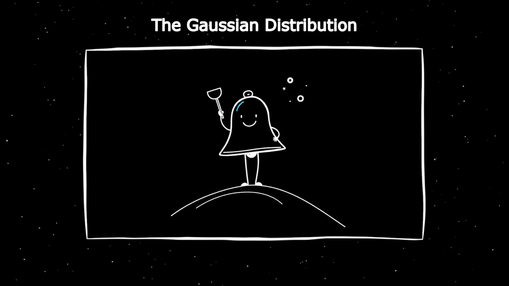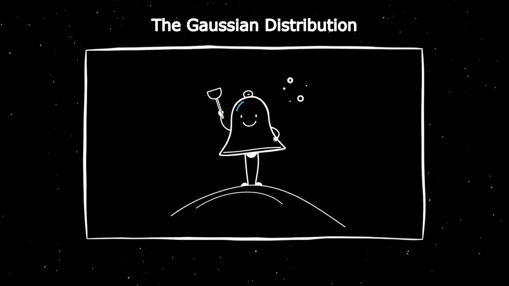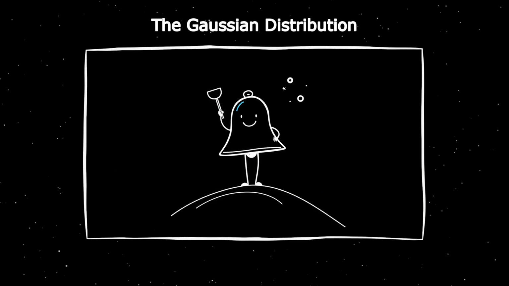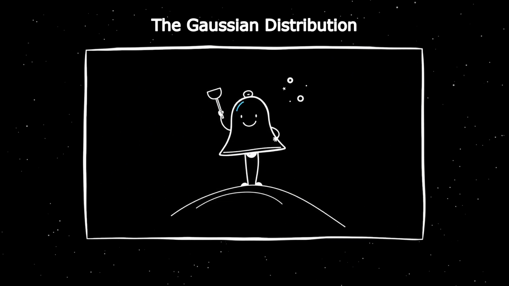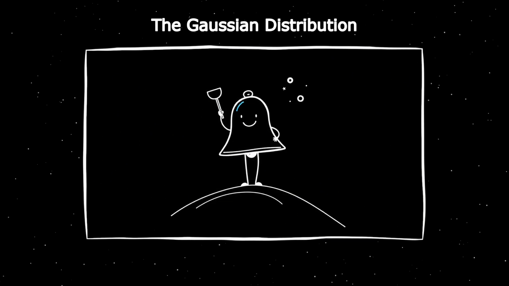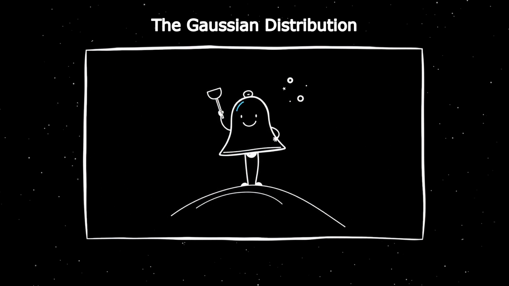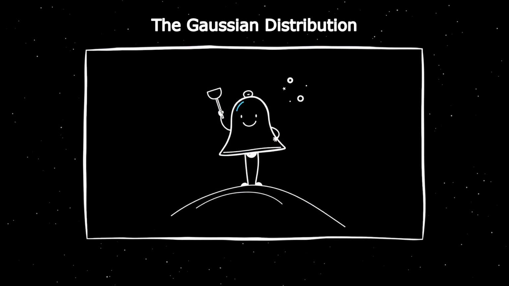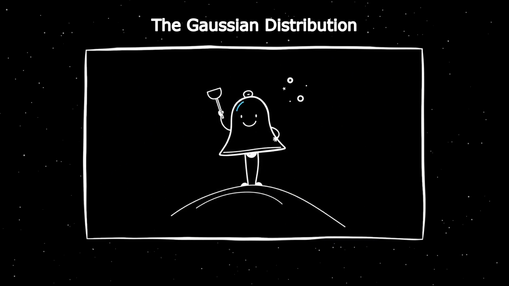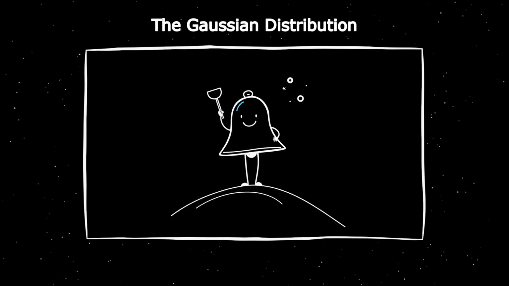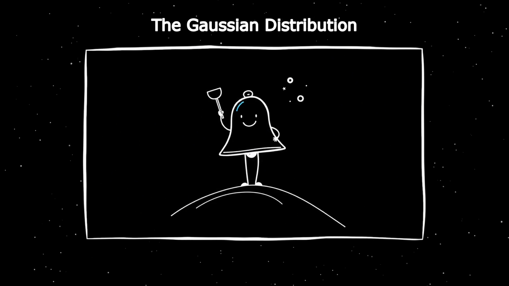Whether you are measuring human traits, assessing financial risks, or analyzing natural phenomena, understanding the Gaussian distribution provides vital insight into the underlying patterns that govern our world. This concept not only enriches scientific discussions, but also deepens our appreciation of the intricate, often beautiful order that can emerge from randomness.